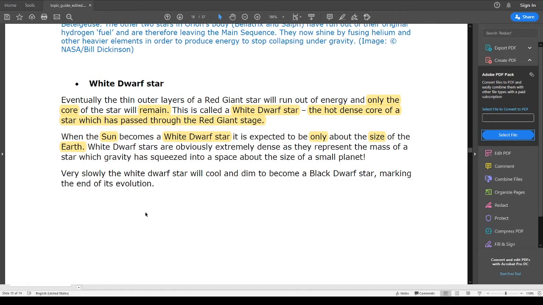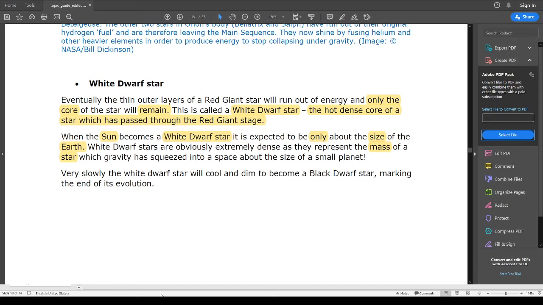Okay? Now think about the mass of a star. The sun has a huge mass compared to the Earth, right? I wrote that mass in your last class. What was the mass? 2 into 10 to the power 30 kg is the mass of our sun. In comparison, the mass of the Earth is 6 into 10 to the power 24 kg.